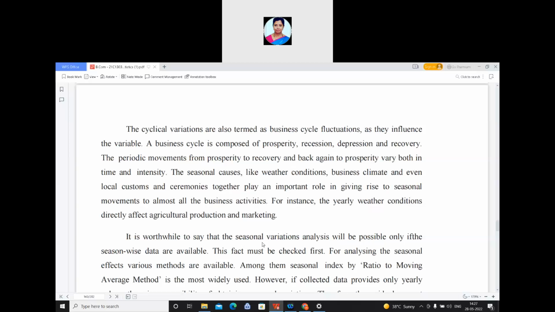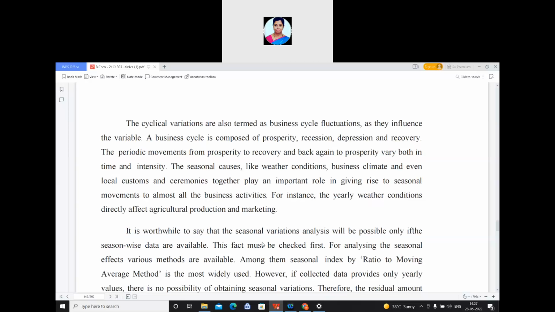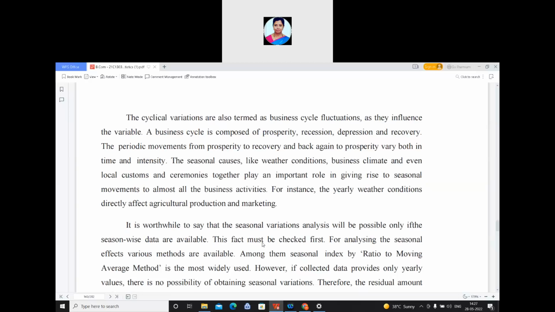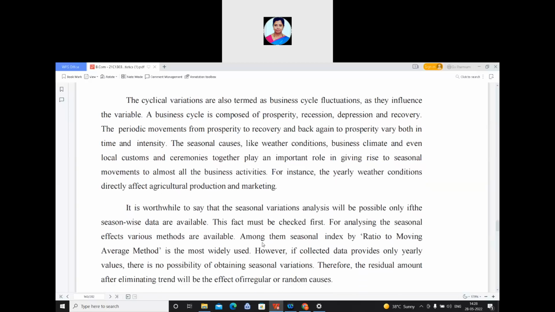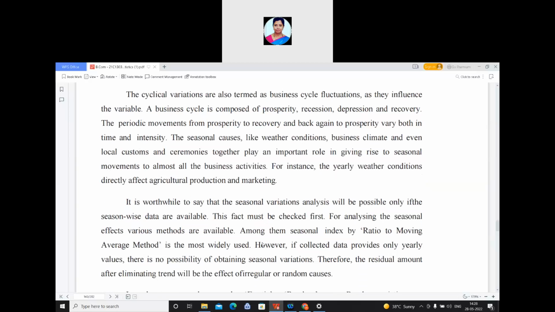For instance, the yearly weather conditions directly affect agricultural production and marketing. So this is a known fact to us. Seasonal variation analysis will be possible only if season-wise data are available. So this must be checked first. For analyzing the seasonal effects, various methods are available under the seasonal index.